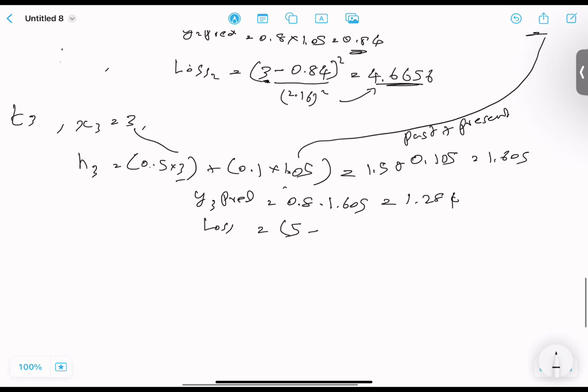So 5 minus the current prediction 1.284 gives 3.716.